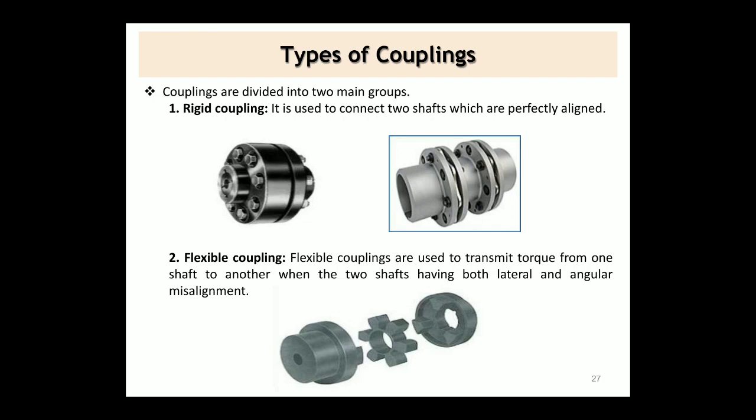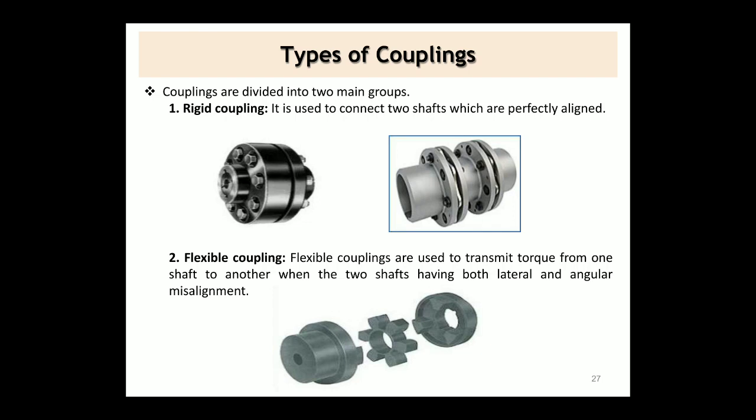The rigid couplings are not capable of absorbing shocks and vibrations, while the flexible couplings can absorb a small amount of shocks and vibrations. Rigid couplings are cheap to manufacture and hence less expensive, while flexible couplings are more expensive and difficult to manufacture.